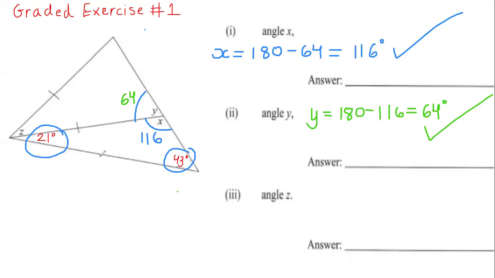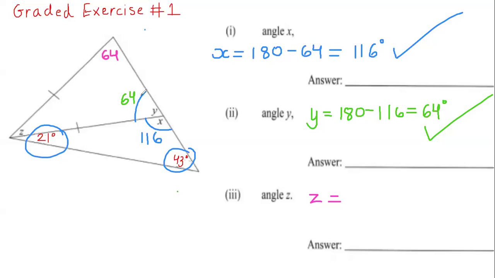And last but by no means least, we have Z. Z is equal to 52. What is Z? First we have to add these two.